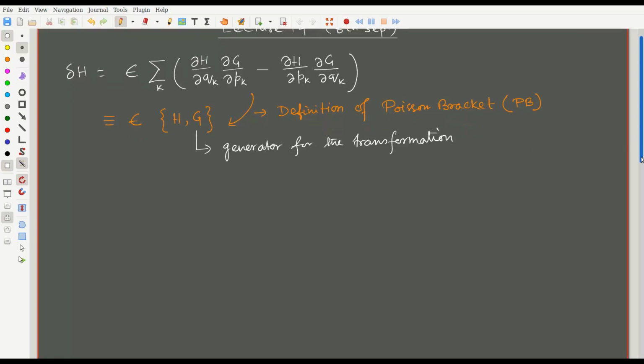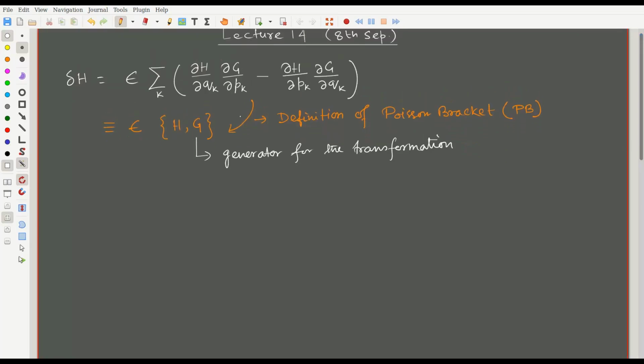And we see that in that course we came across this expression, which we wrote as a shorthand like {H, G} in curly brackets, and we defined it to be the Poisson bracket between this H and G, these two functions of Q and P.